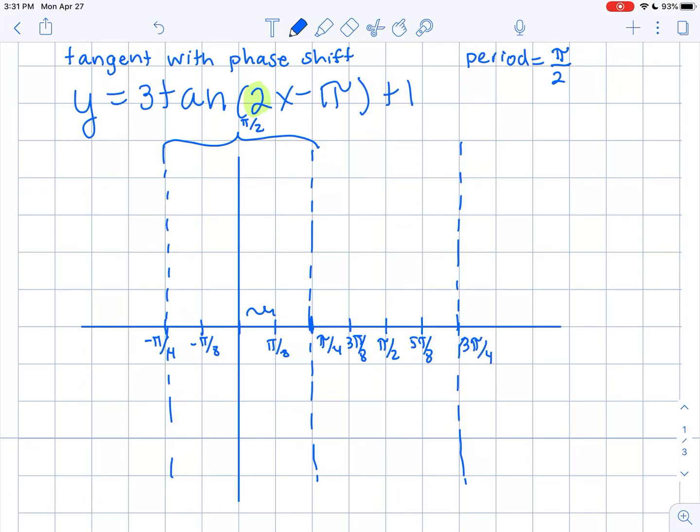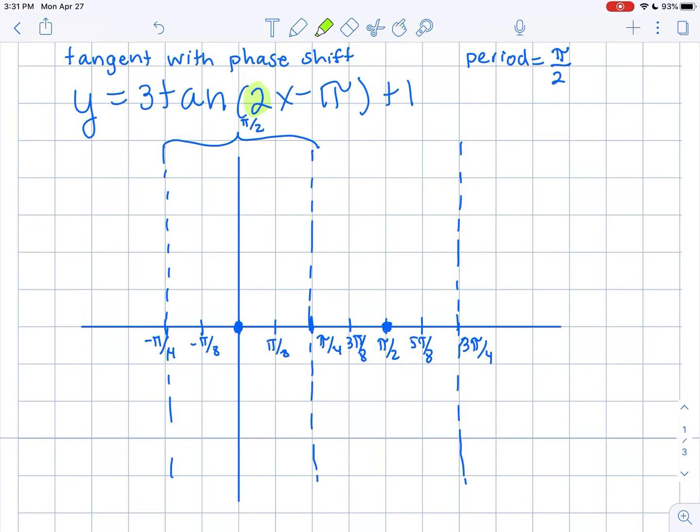Okay, so from here, we're going to come up with the key points that we have. I'm going to erase this little brace here. So the 3 key points are at the origin. The tangent of 0 is 0, so we always start off with that point, and that point is not affected by the 3 out front.